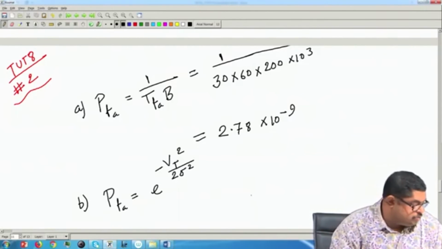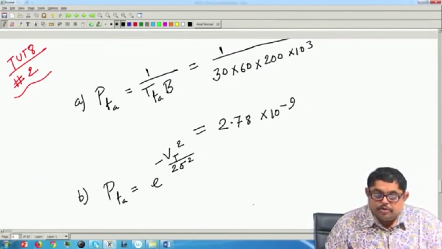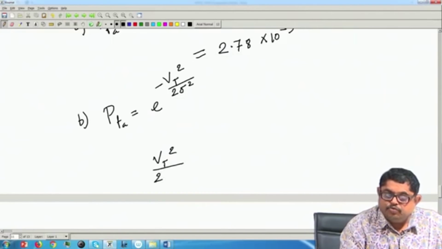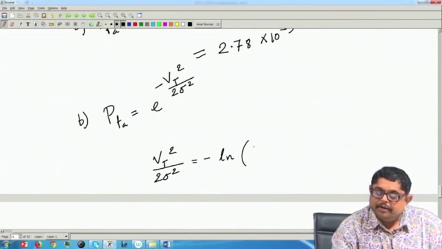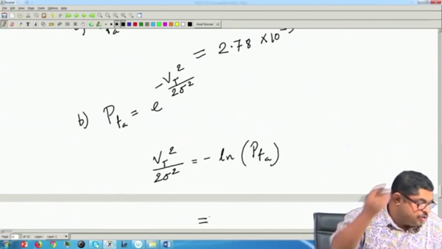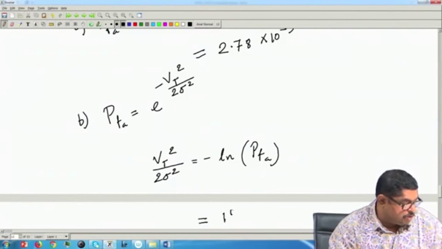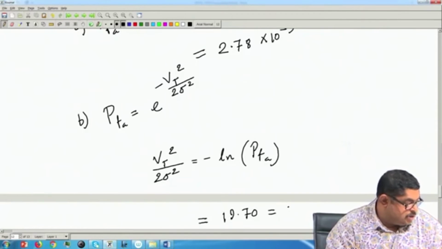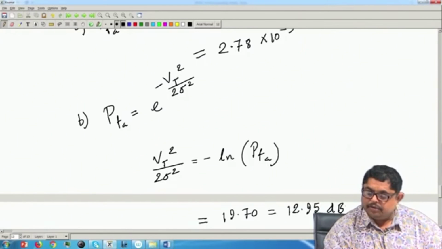Now, I will have to find V t square by 2 sigma square. V t square by 2 sigma square is nothing but minus ln PFA. So, you can put that PFA value we know. It will come out to be 19.70 or in dB it will be 12.95 dB. Power ratio, so 10 log, no problem.